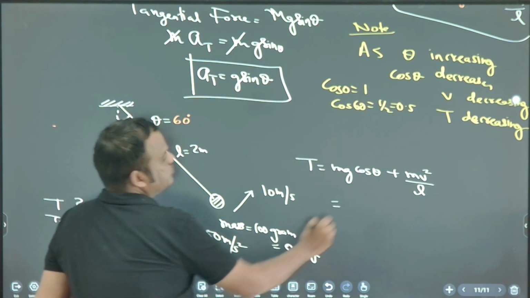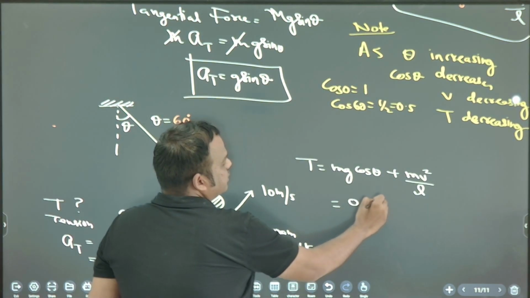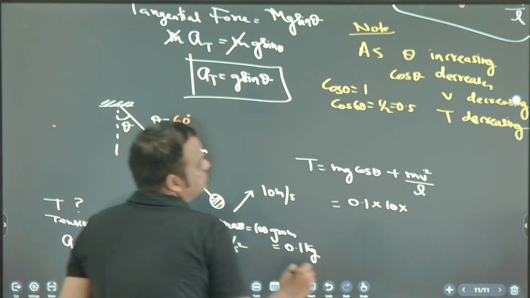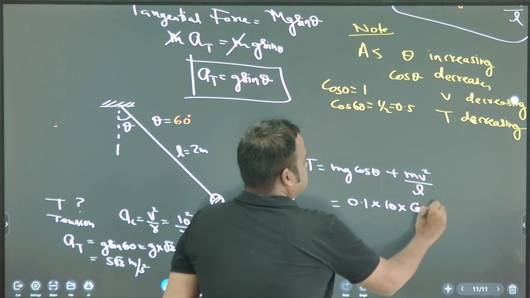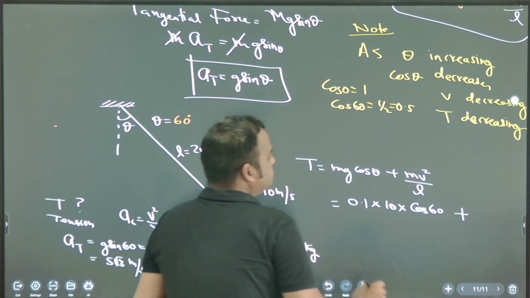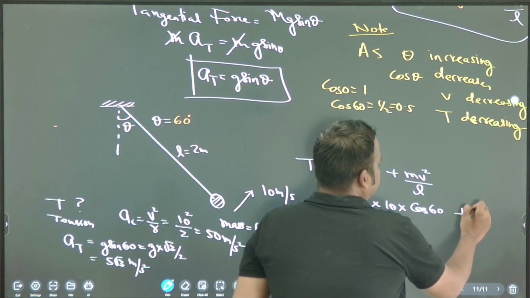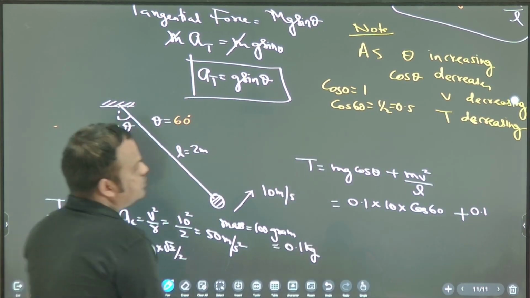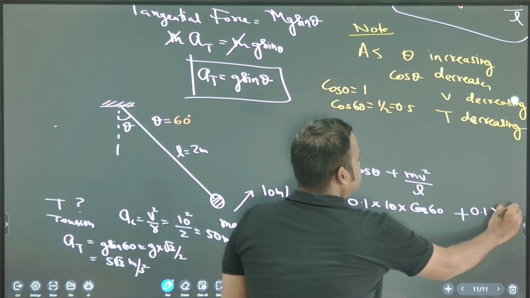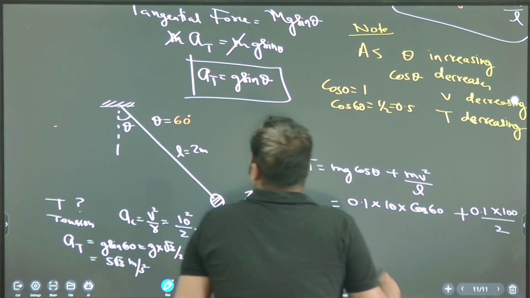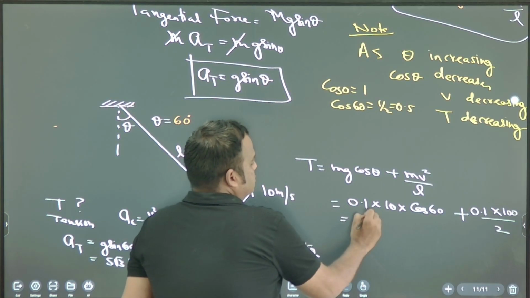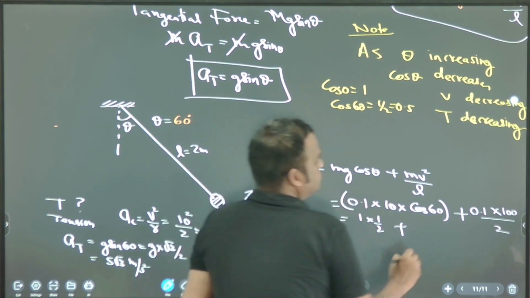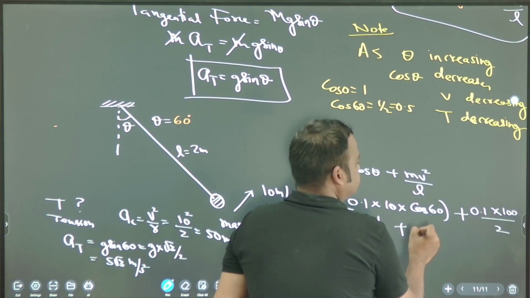Mass is 0.1, g is 10, cos 60, plus 0.1 v square by L. So 1 into 1 by 2 plus 10 by 2.